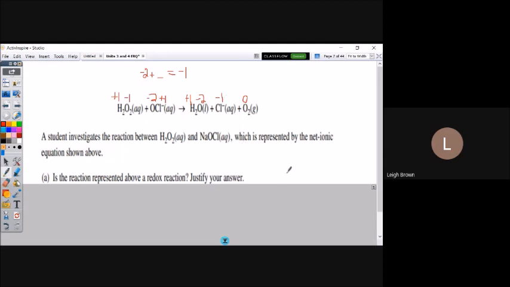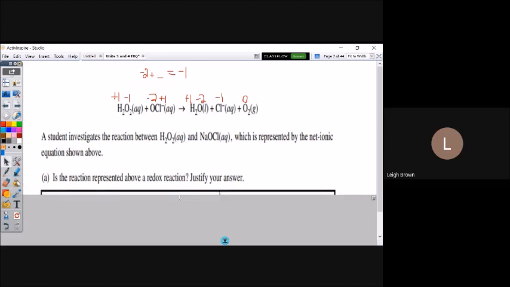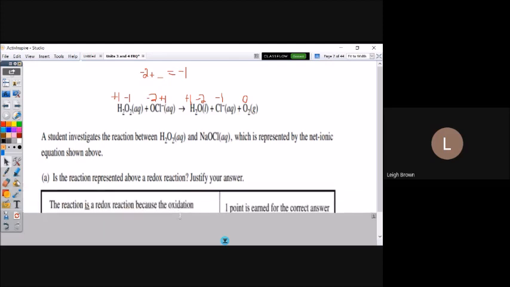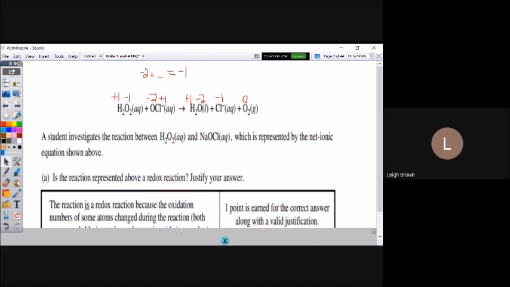So in this case, since it didn't specifically ask us to mention oxidation numbers, they did give credit for all you had to say was that yes, it is redox because chlorine and oxygen underwent changes in their oxidation number. Now, this is a complicated one.